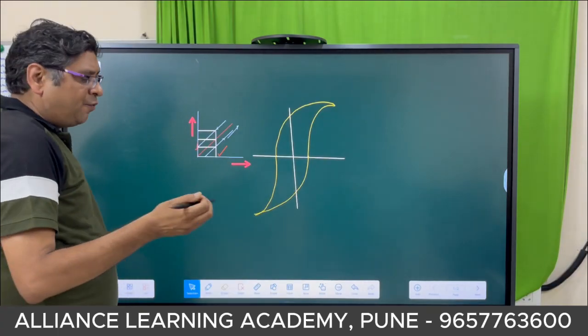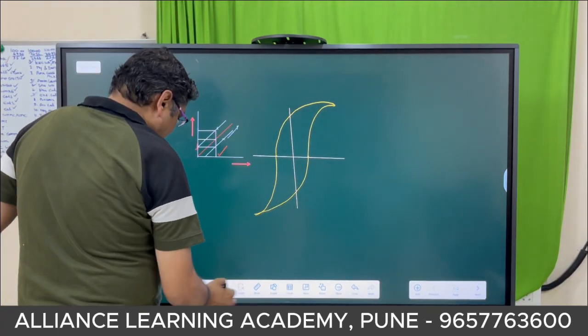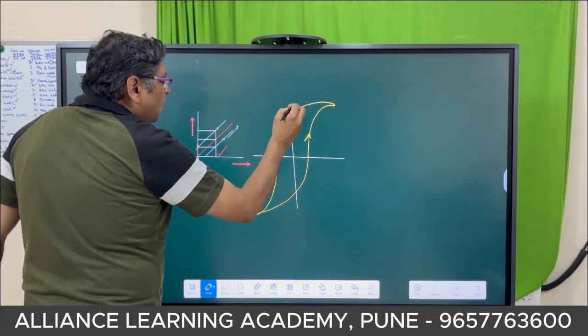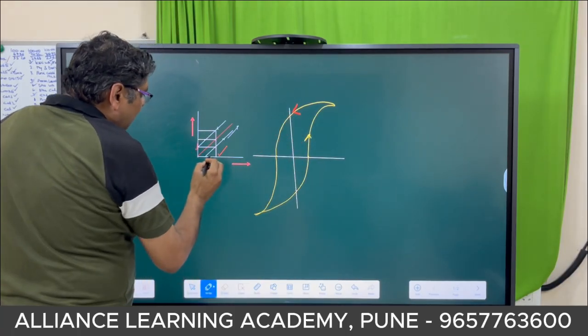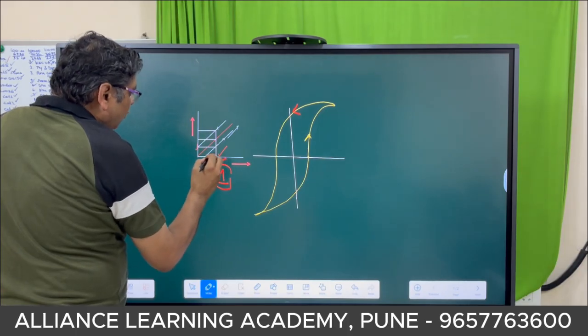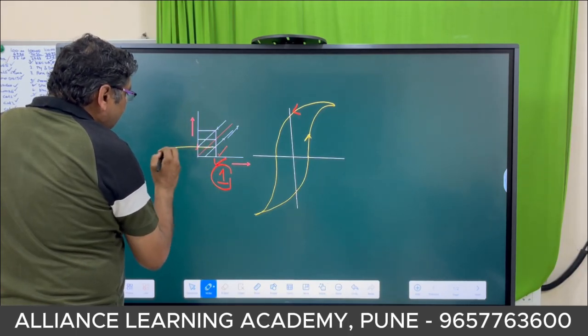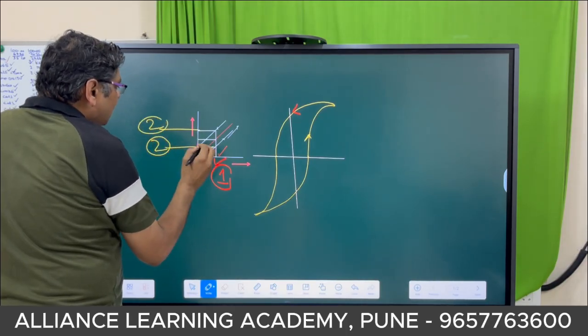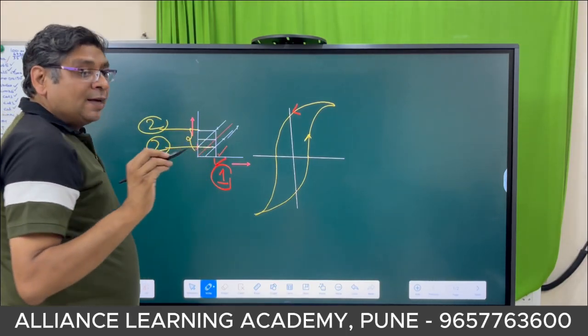Here, this is the loading cycle, and this is the unloading cycle, and it is the one input, and you are seeing these two outputs. The difference between these two is the hysteresis.